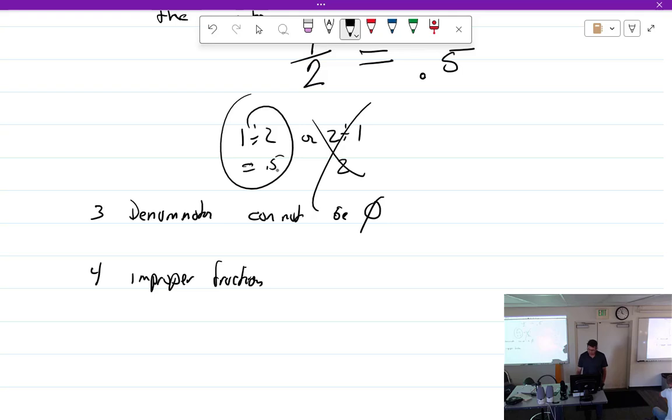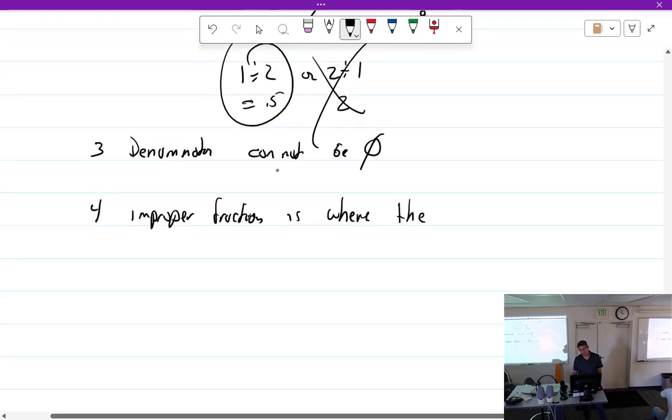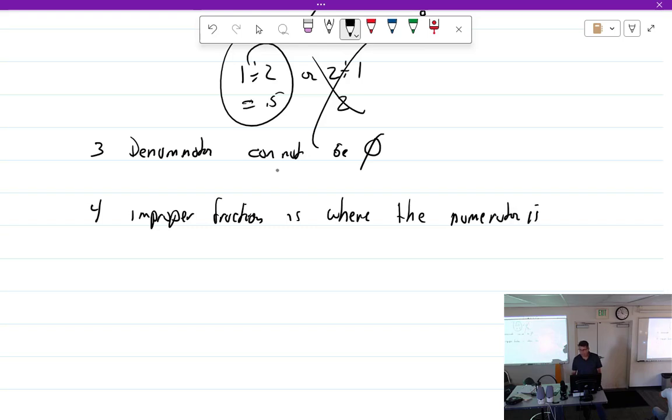An improper fraction is where the numerator, is that the upstairs or downstairs, is equal to or greater than the denominator. Like 4/3 or 4/4. That would be improper. So don't do that.